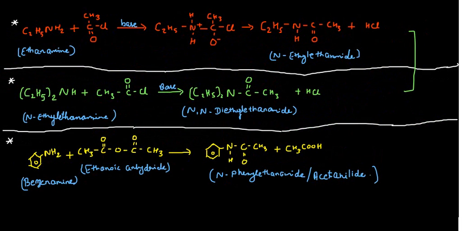Okay, now let's begin. In the first one we took C2H5NH2, which means it's a primary amine. When this type of thing comes with nitrogen, we call it an amide, but in this case we have not named it yet.